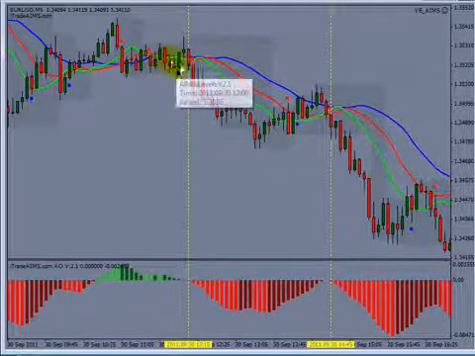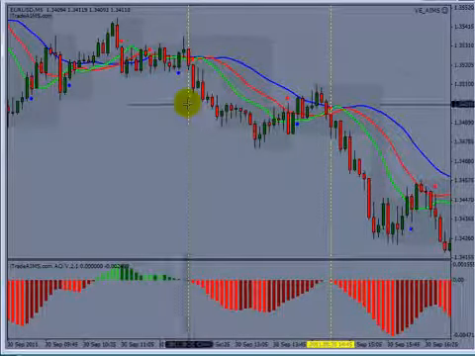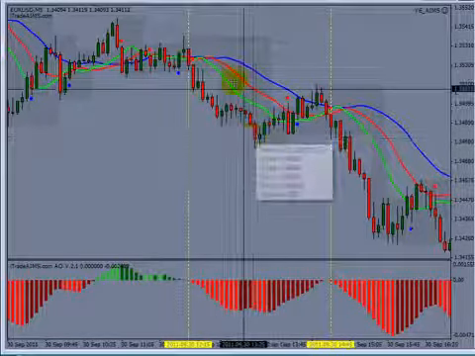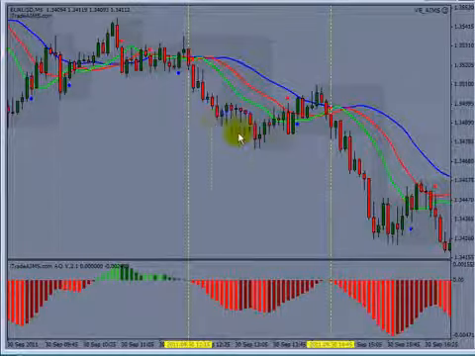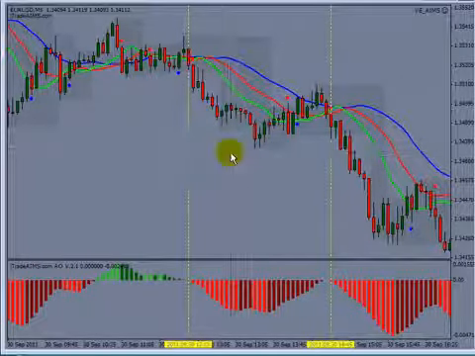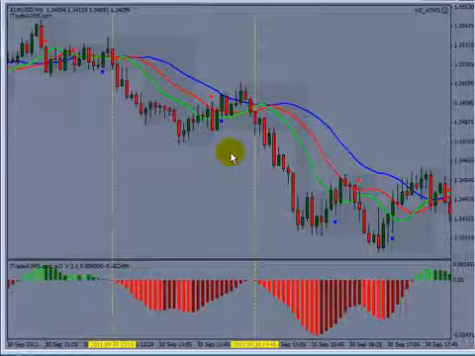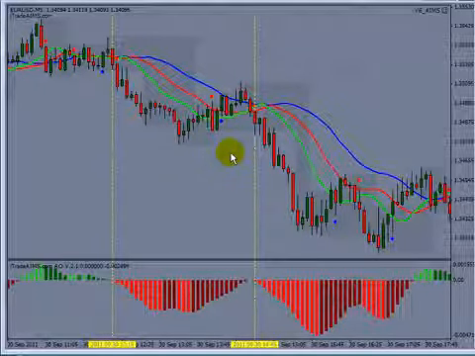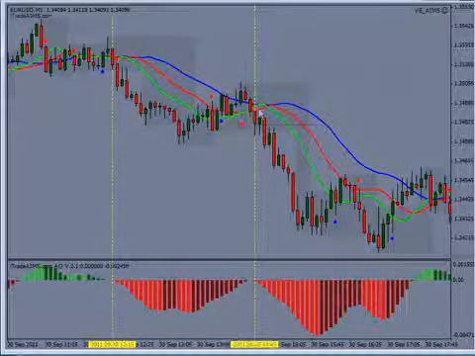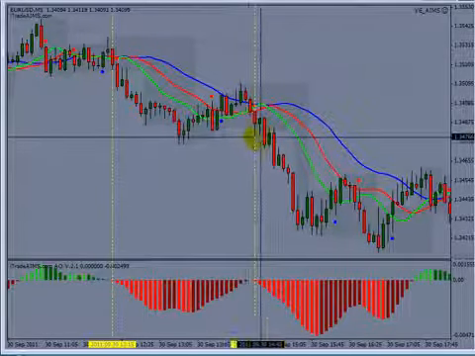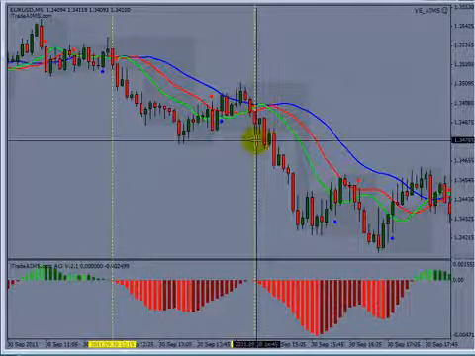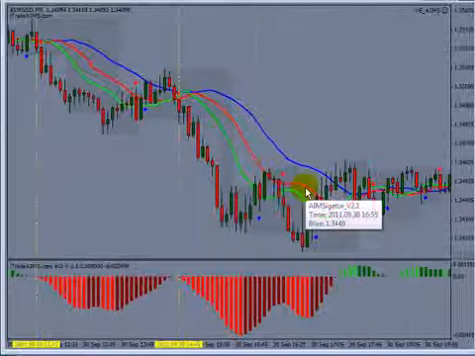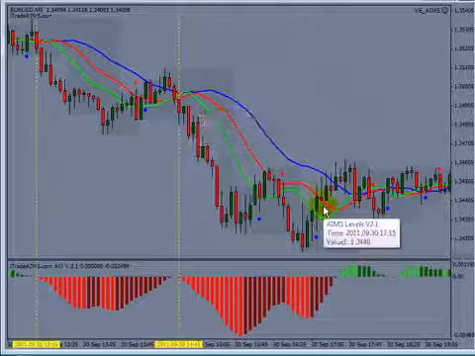So this would be your corrective wave, and as soon as the alligator is open, the alligator open means you're in an impulse wave of some kind. Now we don't care whether it's 3 or 5 or whatever. I know how to count it, but if you don't care, it doesn't matter, you can still trade it. So look for sleeping alligators, and when you get into this, the setup will get you into a possible impulse wave, and as long as the alligator is open, you're in an impulse wave.